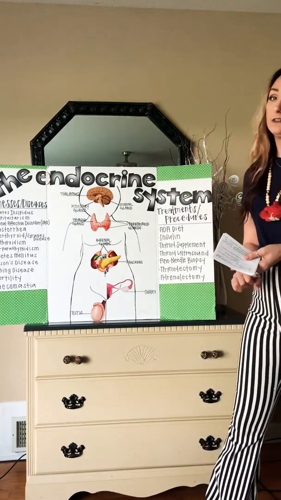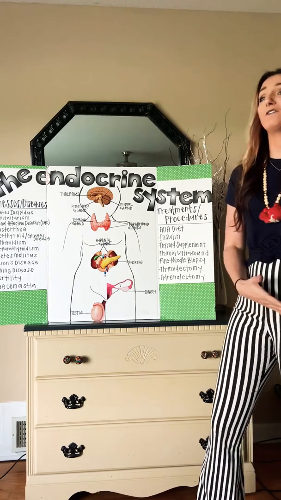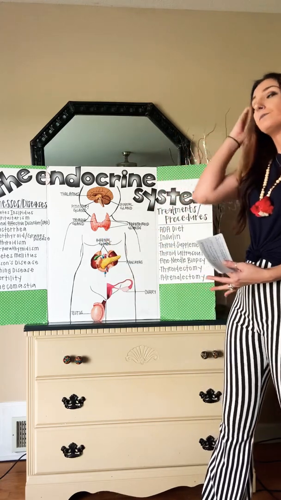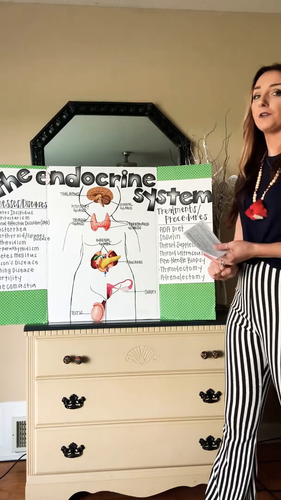Of course, insulin for your diabetics who are able to take insulin. Of course, type 1, type 1.5, and then you have type 2. Some can and some can't. But insulin, of course, to help your body produce that insulin that it's not producing.